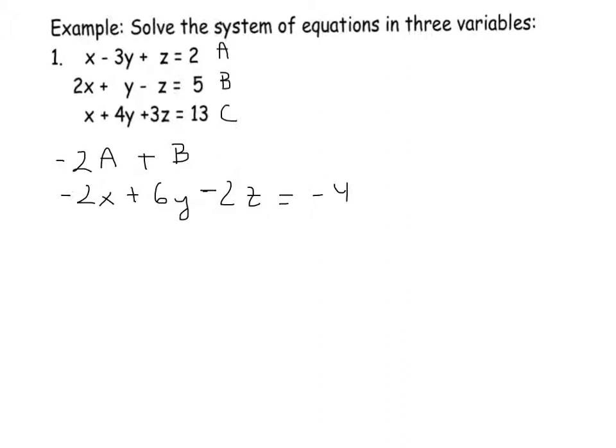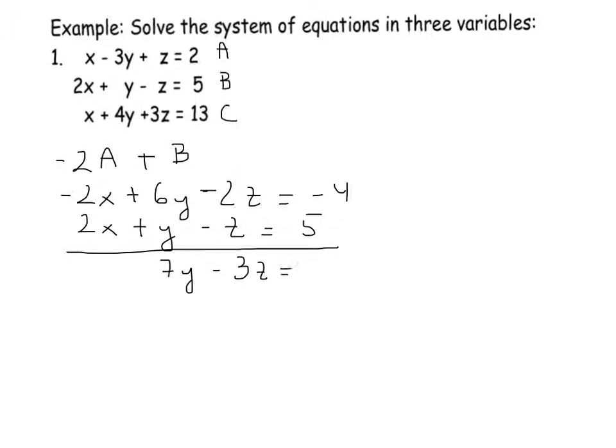And the second equation I just write unchanged, which is 2x plus y minus z equals 5. Then I'm going to add these two equations, and I get 7y minus 3z, and that will equal 1. I'm going to label this equation D.